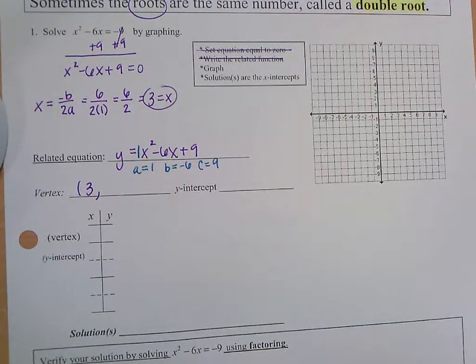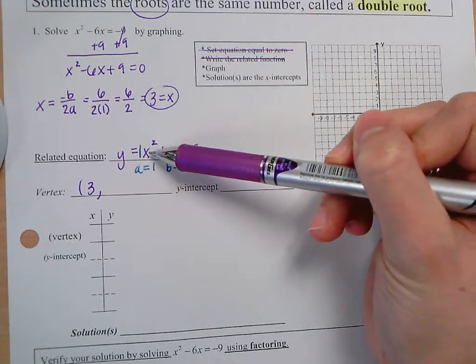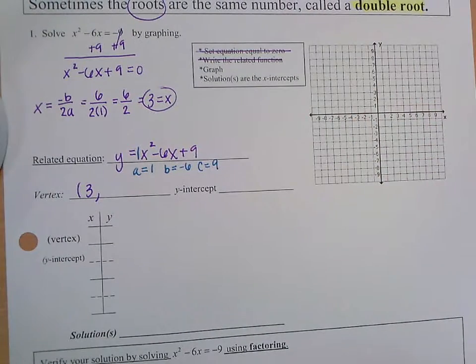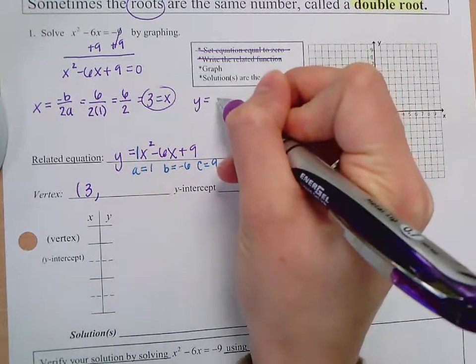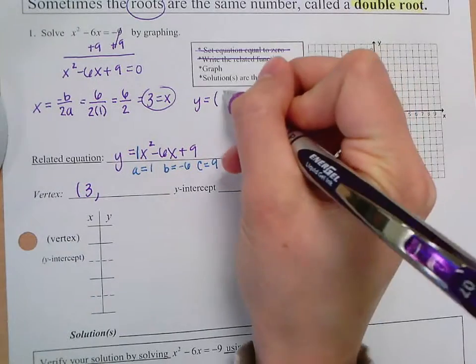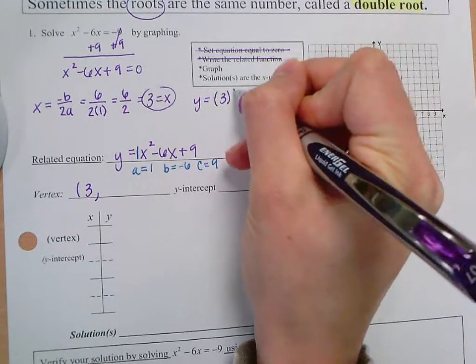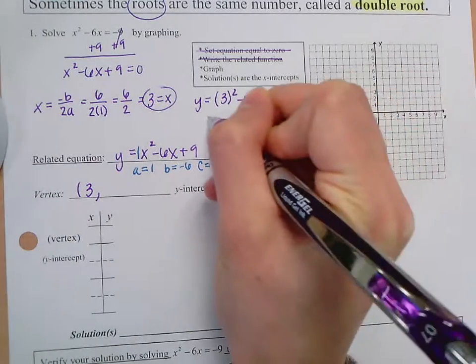Then we need the y coordinate. How do we find the y coordinate? Casey? Yes, so we put 3 into our related equation for x. So I'd have y is equal to, I do have that 1 in front. You can write that there. But I have 3 squared minus 6 times 3 plus 9.